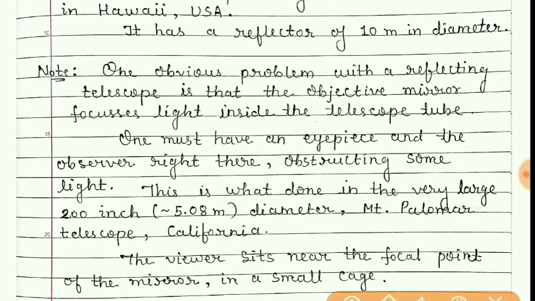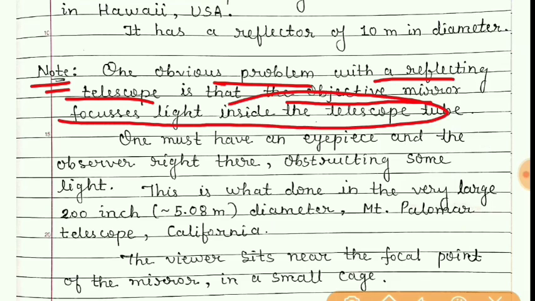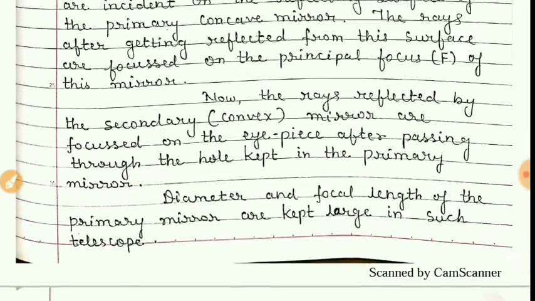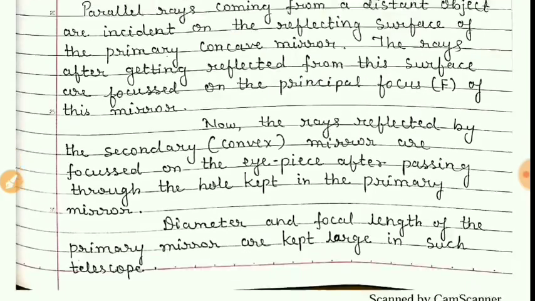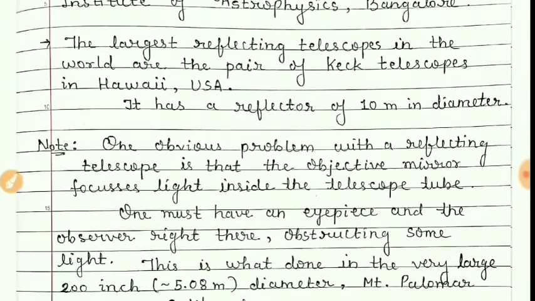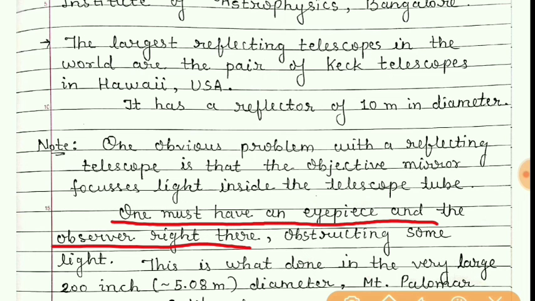Now students, I have given a note here that there is a problem with a reflecting telescope, that the objective mirror focuses light inside the telescope. We know that this is the objective, and it reflects the light into the tube of the telescope, and so one must have an eyepiece and the observer right there obstructing some light.